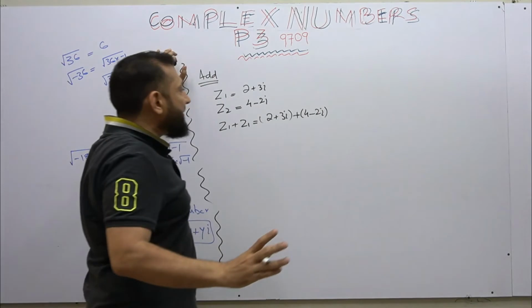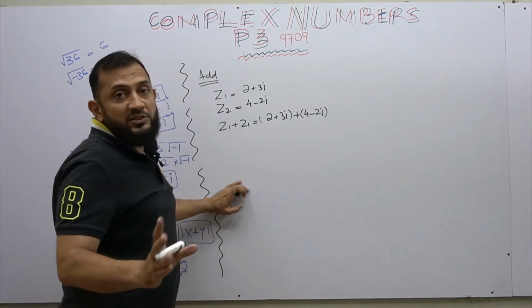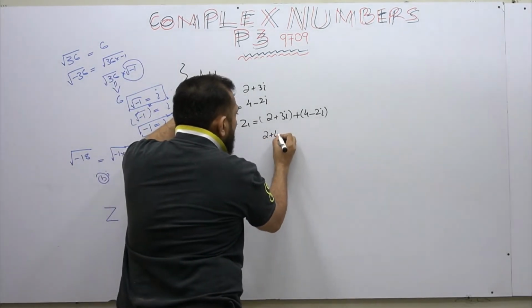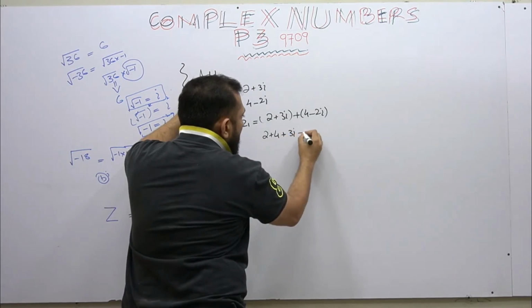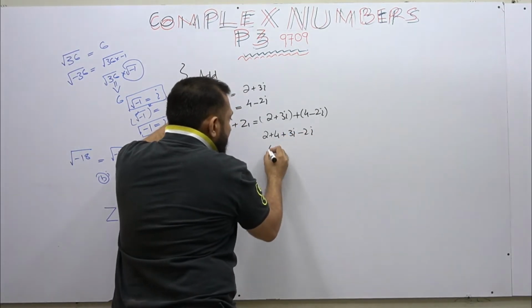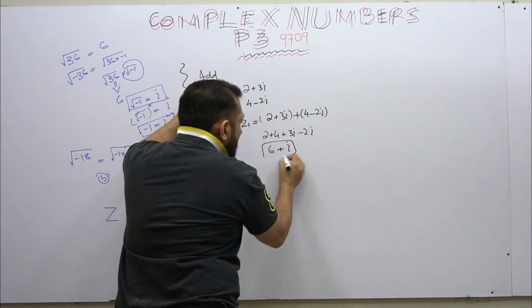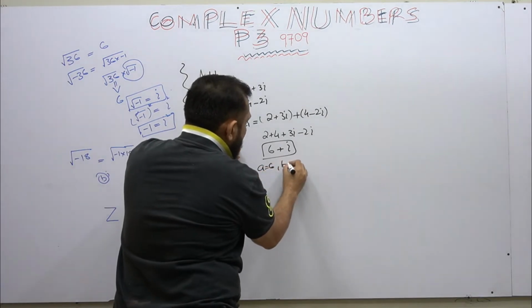So it is simple algebra. आपने क्या करना है? रियल को रियल के साथ ऐड कर देना है और इमेजिनरी को इमेजिनरी के साथ कर देना है। So 2 plus 4, and then you can write 3 iota minus 2 iota. So they are 6, and these two together is just 1 iota, or you can write iota. So here a is 6 and b is 1.